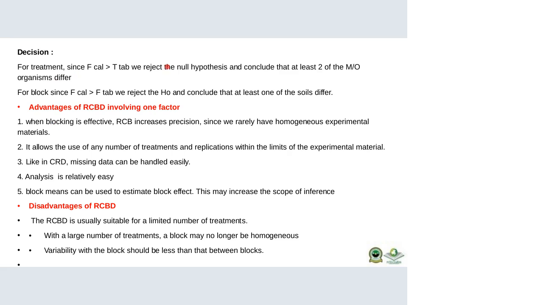Of course, this has shown clearly that CRD did not give us a good design, because there's no way we'll assume that those pots have the same nutritional content. They differ, but we never considered it. But now we have introduced blocking. It has obviously shown that the nutrients in those pots differ. Now, that is one advantage.